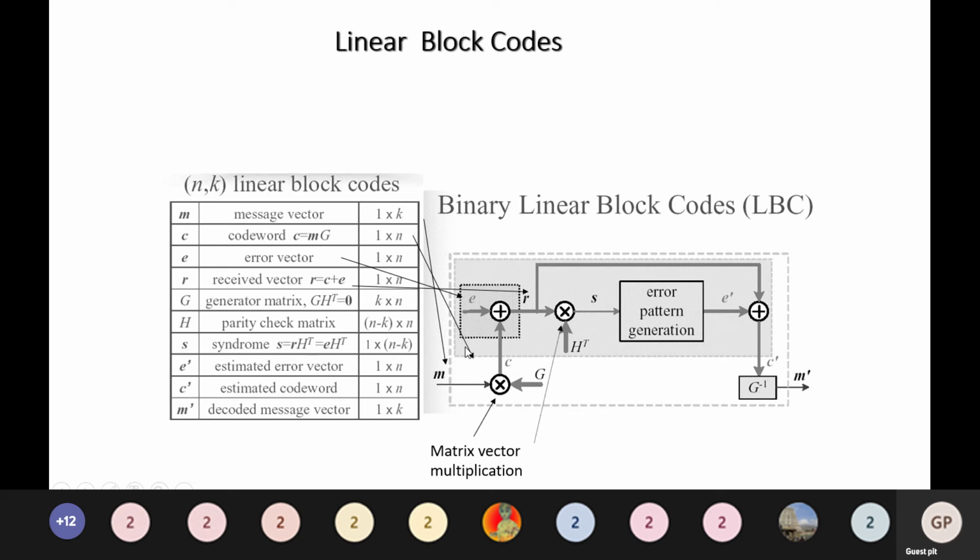Then you have the received code word and H transpose, so s is equal to r into H transpose. Then the error pattern generation, the error complement, the corrected code word, and then the decoded message signal. So this is the block schematic of a linear block code.